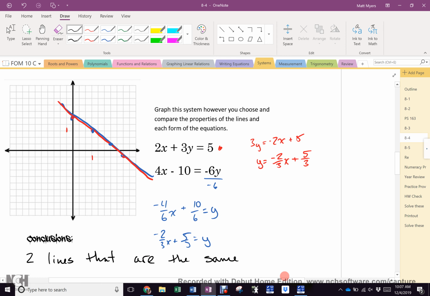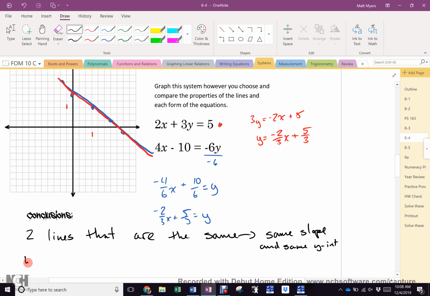And when I say the same, what do I mean? Same slope and same y-intercept will intersect how often? Intersect infinitely. Therefore, how many solutions? Infinitely.